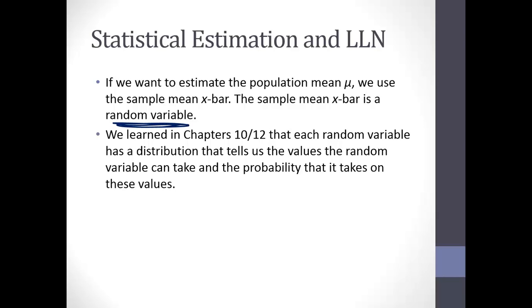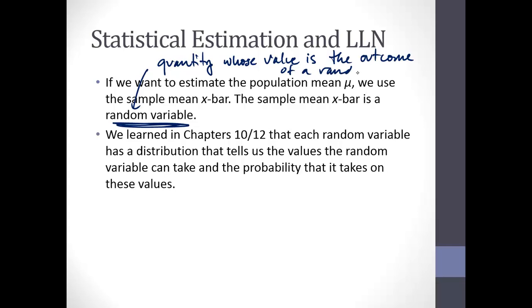So thinking back to chapter 10, what I mean by a random variable is a quantity. What was my definition of random variable? This is the outcome of a random phenomenon.